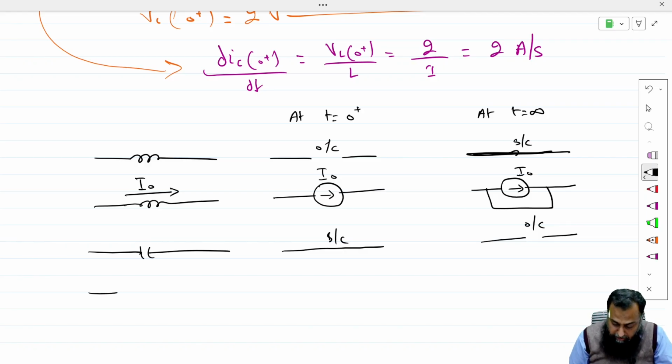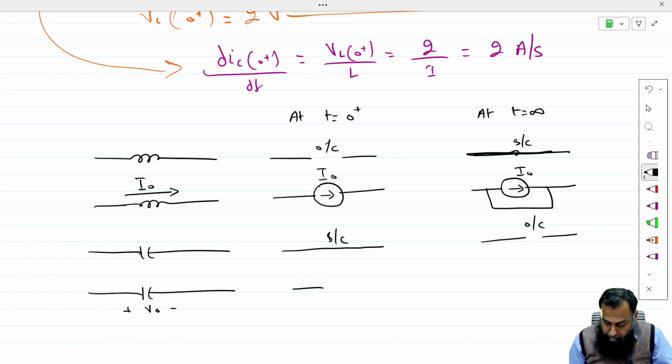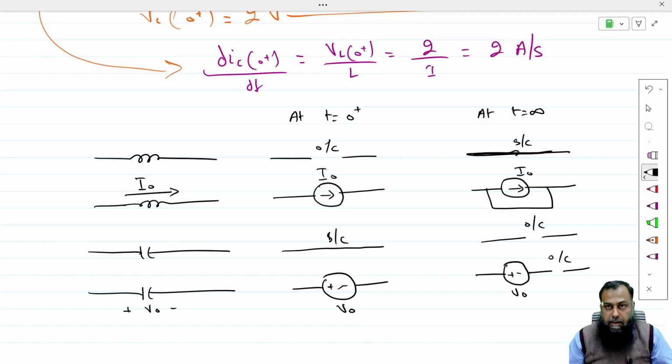However, if the capacitor has some voltage V naught across itself, then we have a voltage source at time t equal to 0 plus, and this can be combined with the open circuit, and that is V naught, which represents the behavior of a capacitor at time t equal to infinity.